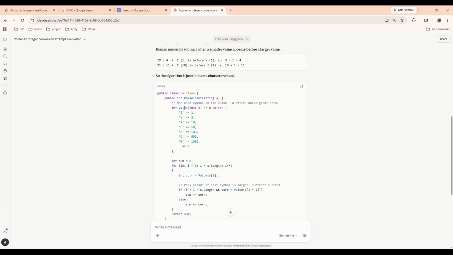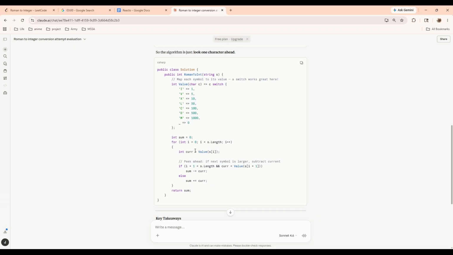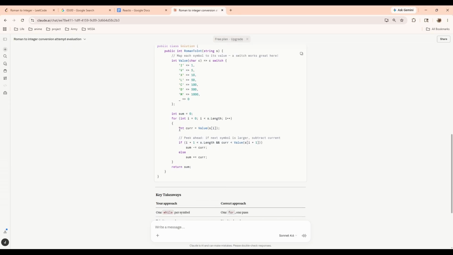So we're mapping each alphabet that is relevant to a value, and then they also have a sum, and they're looping through the string, and then current is value of s[i]. Peek ahead, if next symbol is larger, subtract current.